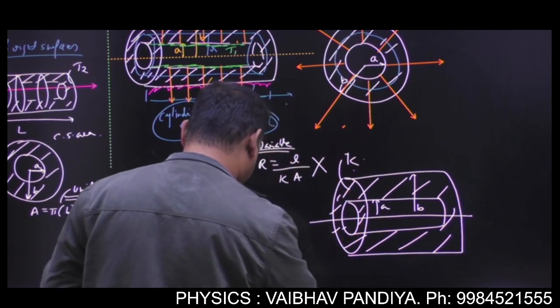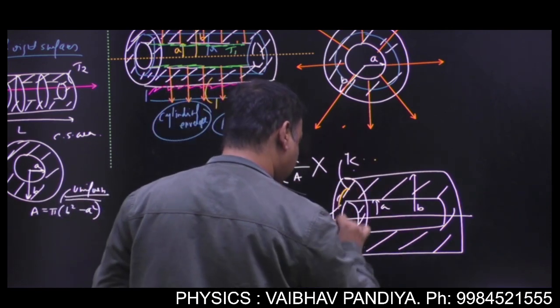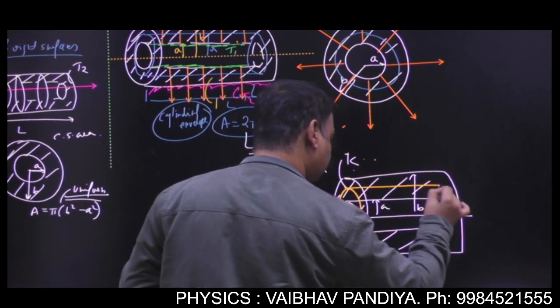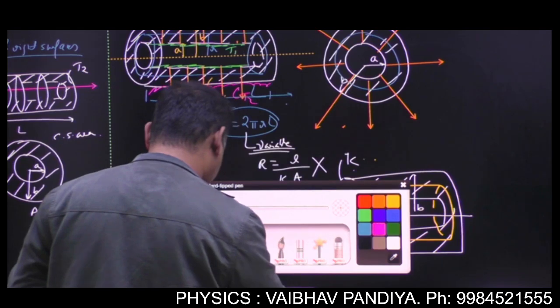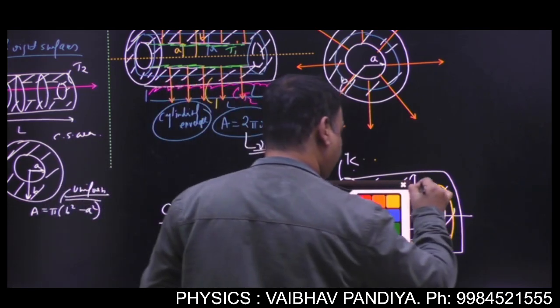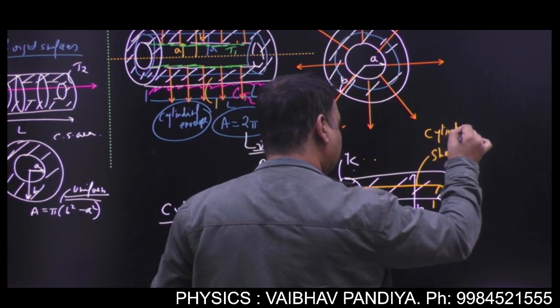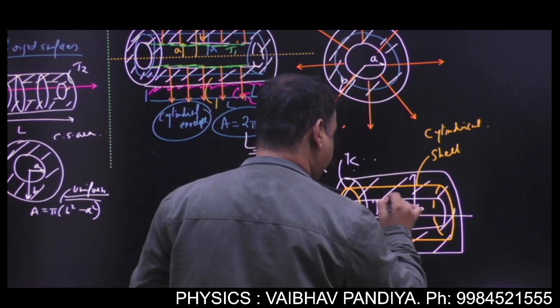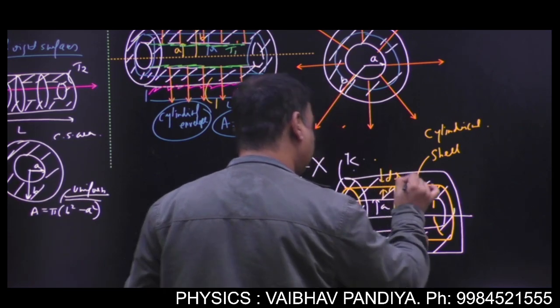Let me take a little bit of thickness like this. Okay, say a cylindrical shell of radius r and thickness dr.